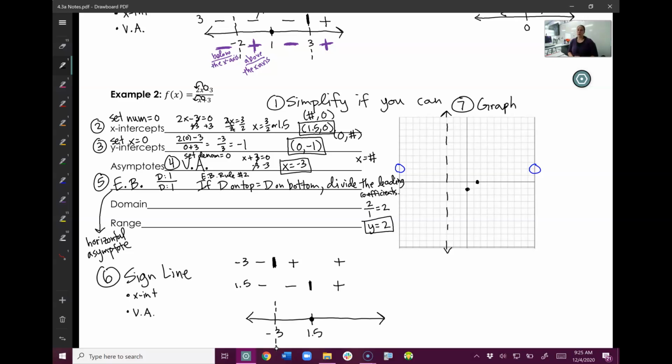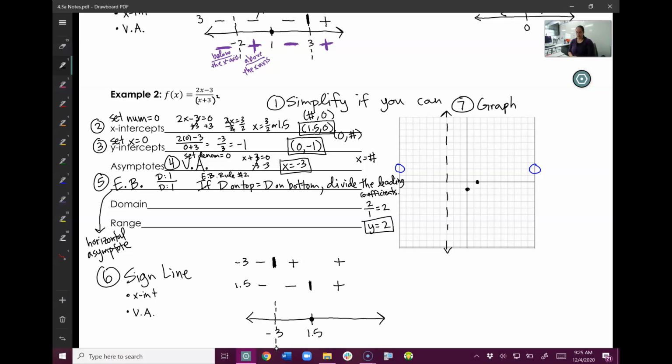Now, one note really quickly. There's one thing we need to keep in mind when we're doing this method for the sign line, and that's if anything is squared. So, for example, if I go up to my equation here, and this x plus 3 was squared, remember that squaring makes any negatives positive.